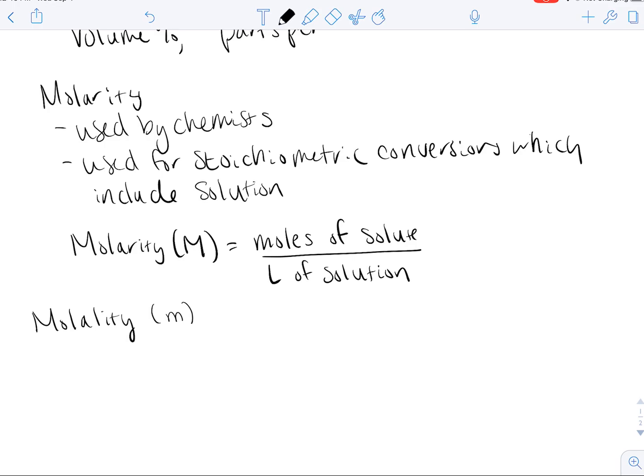This next one, however, molality, is probably new to you guys. Molality is going to be lowercase m as its abbreviation. I guess I should do big M here. So lowercase m.